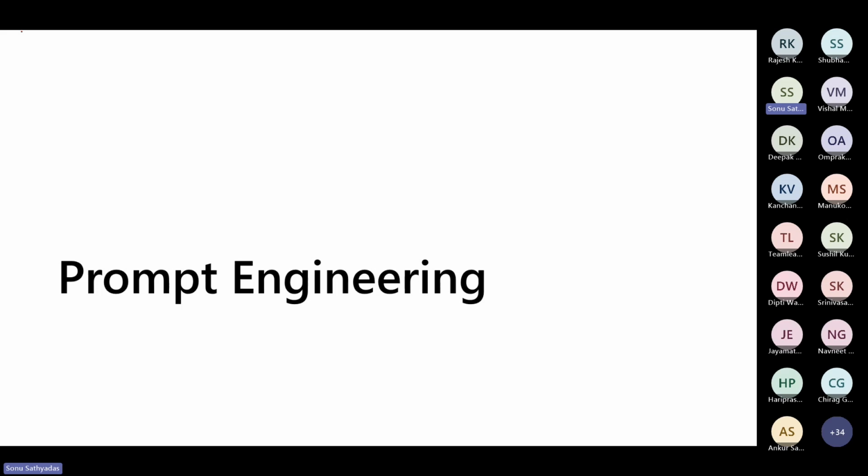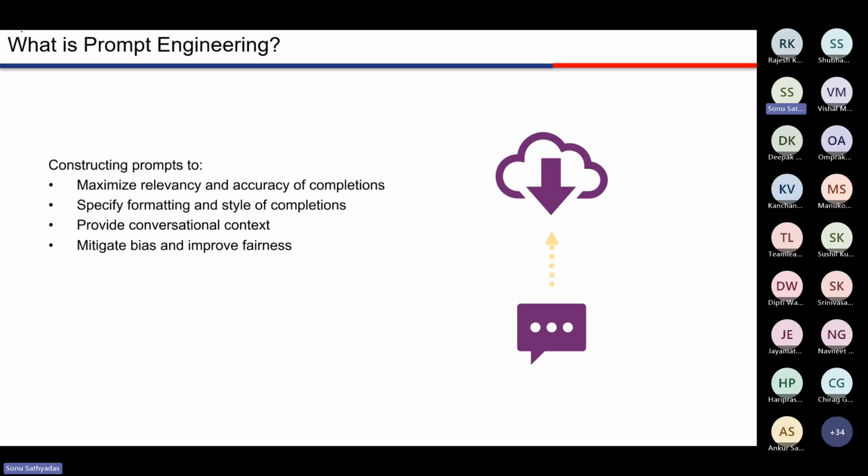Because if you are not providing a correct prompt, it cannot answer with the correct response. So for generating the correct prompt, you can use some techniques. Prompt engineering is best for increasing the relevancy and accuracy of the response.